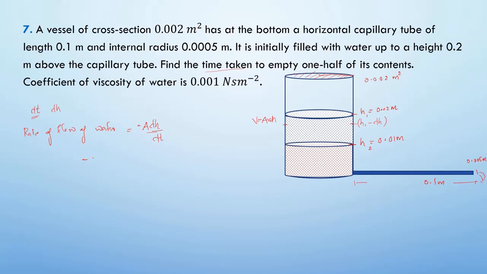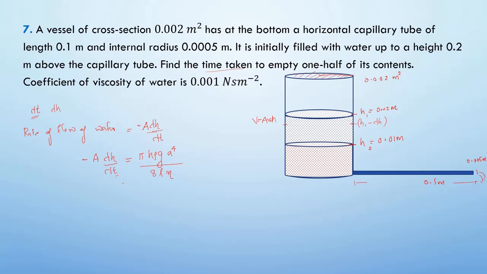So A into dh by dt is equal to Poiseuille's equation, pi into pressure, where the pressure P is h rho g, into r to the power 4 divided by 8 L eta. Now this is our equation. From this, what are we asked to find? We are asked to find t.